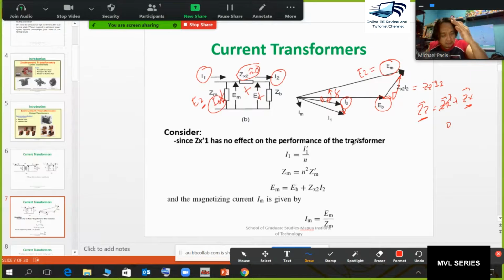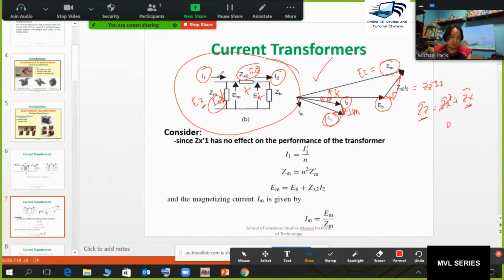So I could say it is a lagging condition and it has a slight skew, because as you can see, this total impedance can be R plus JX, right? It's not a straight line downward like this, which is lagging by 90. In this case, it has a skew like this. And then I2 plus IM is definitely equal to the vector of I1. Thus, you can have this vector diagram of this equivalent circuit.